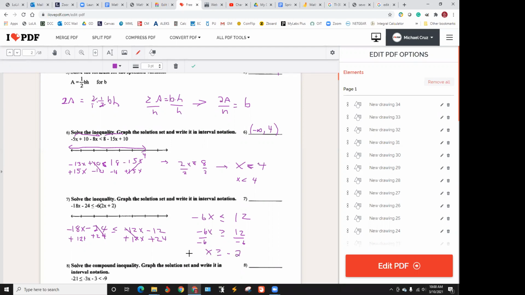So x is greater than or equal to negative 2. So let's just say negative 2 is right here. We're going to need a bracket, and we're going in the direction that that pointer is pointing, that inequality.